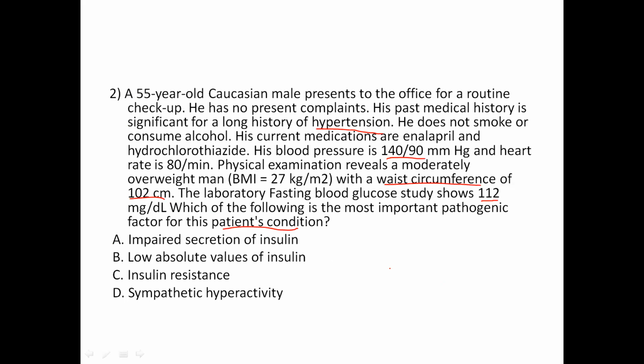So what do you think when he is hypertensive, 140 by 90, or has a history of hypertension, and a waist circumference of 102 centimeters and elevated blood sugar level? That means in the pre-diabetic range, between 100 and 125 milligram per deciliter. What syndrome do you have in your mind if we're combining those three parameters?